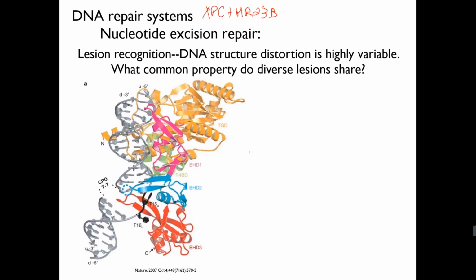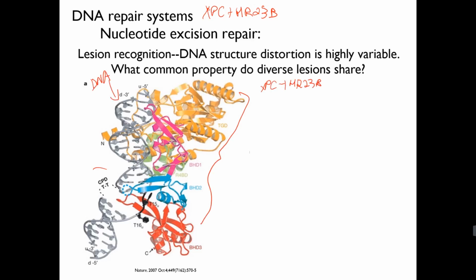And that's all this colored stuff here. Okay, so all of this here is XPC plus HR23B. And then the gray is the DNA, which I'll label over here.